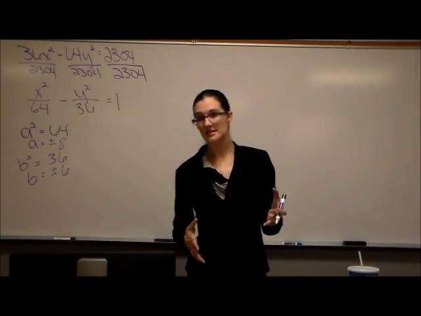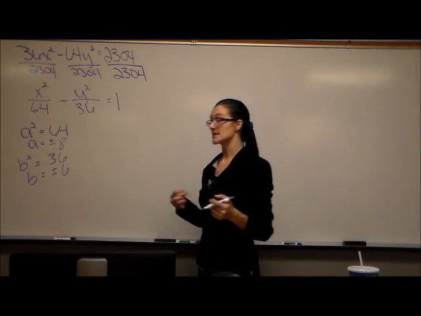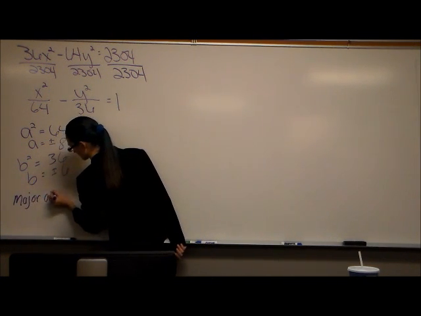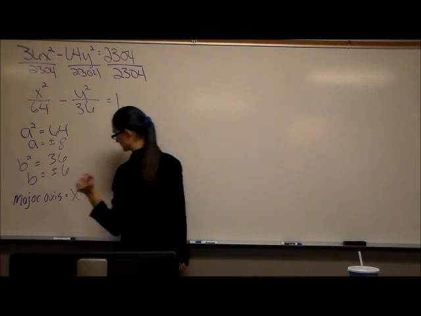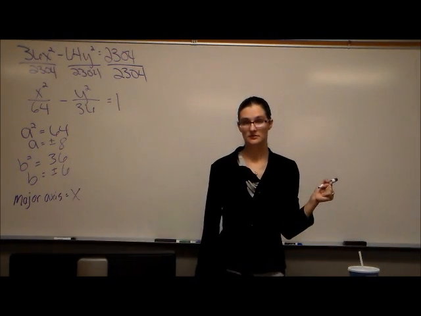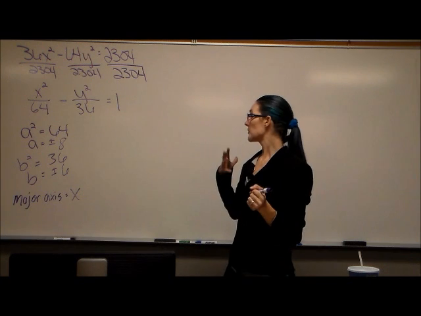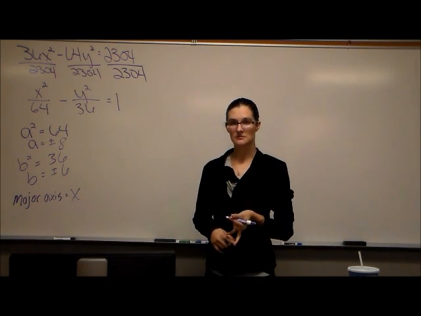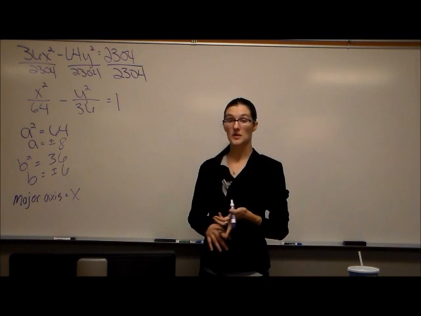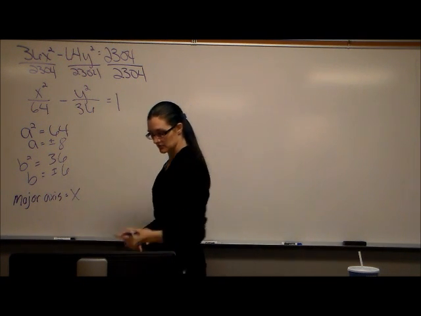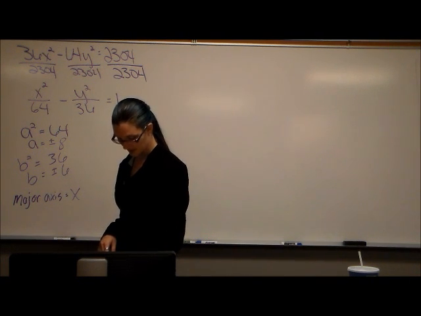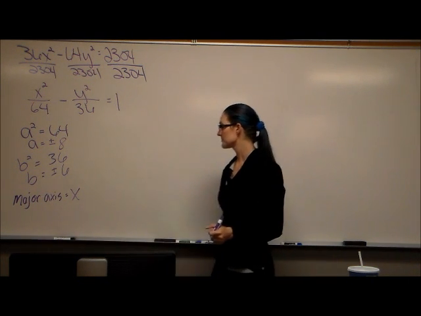Your major axis is your x-axis because that's what comes first. It's the x. Okay. So we still need c. We still need the length of the latus rectum. And then we'll have to find the equations of the diagonals. Actually, here all we have to do is sketch, so we don't actually need the equations of the diagonals.